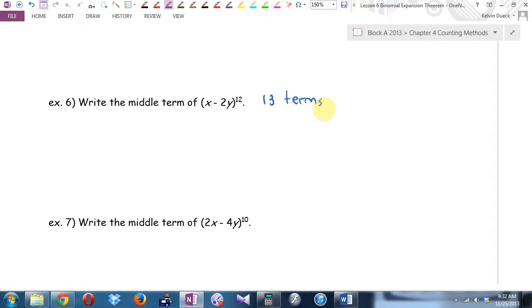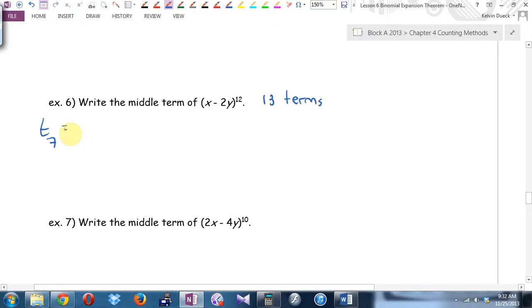Term number, Jordan? 7, not 6.5. You have 6 terms to the left, 6 terms to the right, term 7's in the middle. That's how you get 13 terms. This is asking you to find term 7.